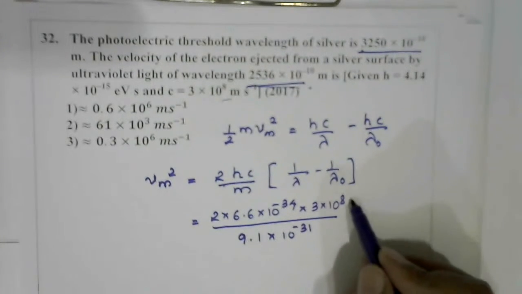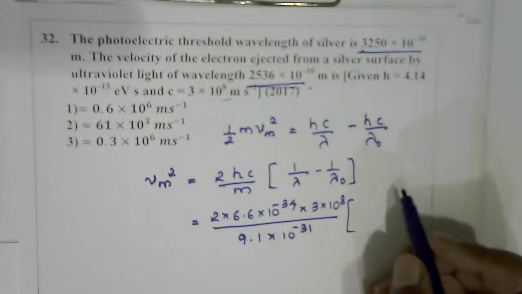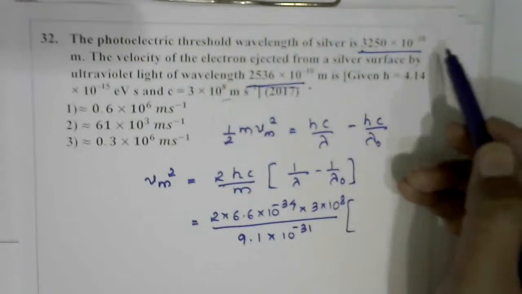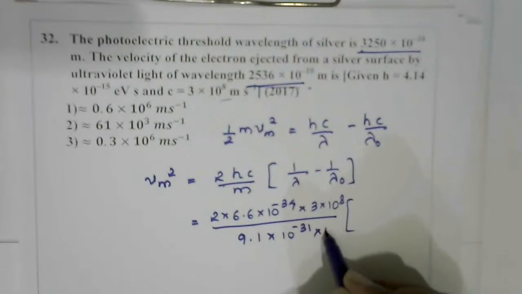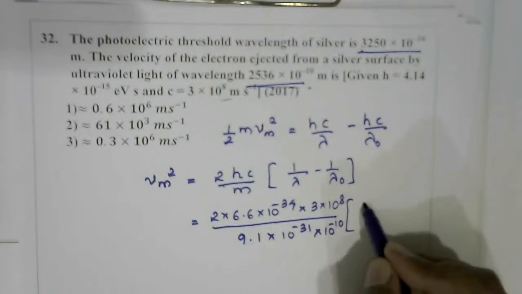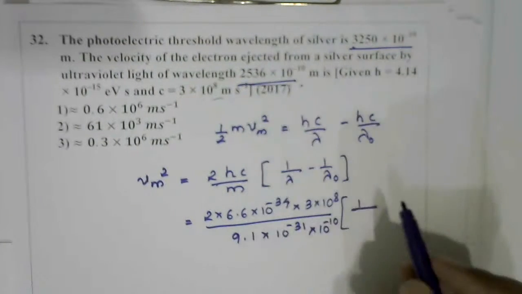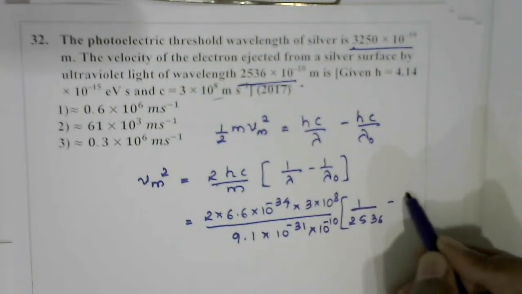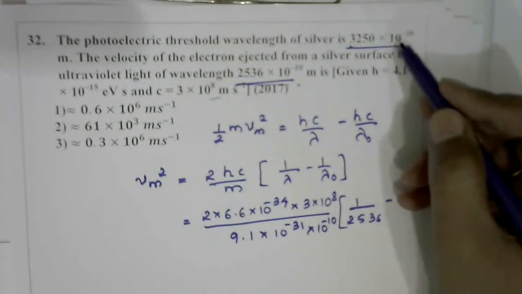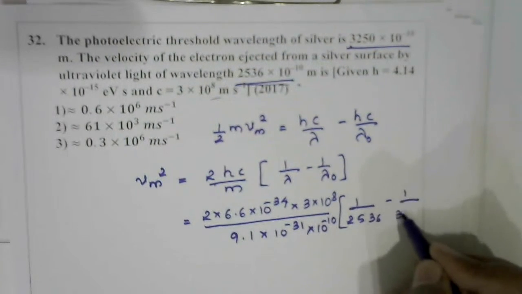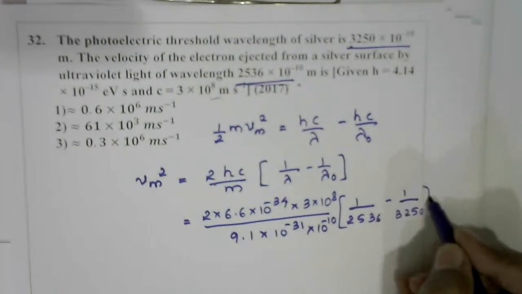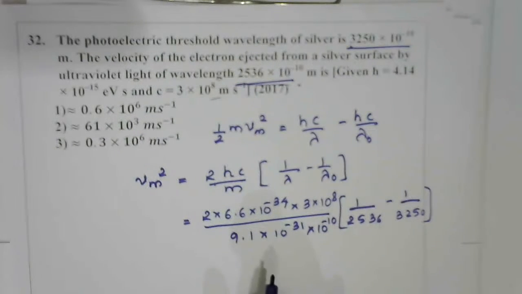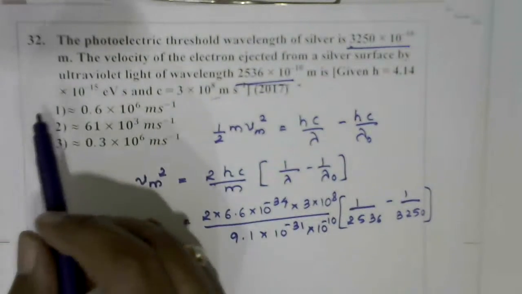For the wavelengths, you can take the power 10 to the power of minus 10 outside. 1 divided by the incident wavelength 2536, minus 1 divided by the threshold wavelength, that is 3250. Just simplify all this, and if your answer is differing, message in your WhatsApp group.